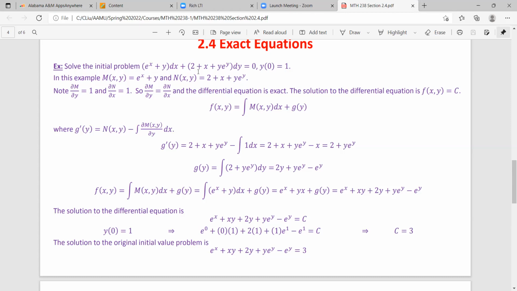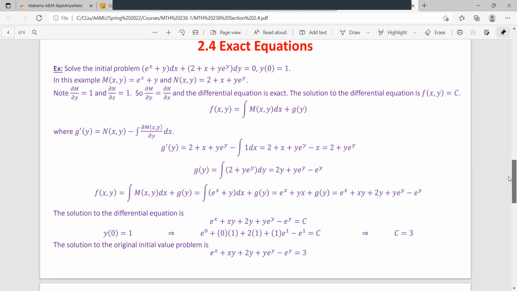And it's not a linear equation either. We've got y times e to the y, that's not linear in y. So we cannot use the formula for linear first order differential equations. But we can check whether this equation is exact or not.